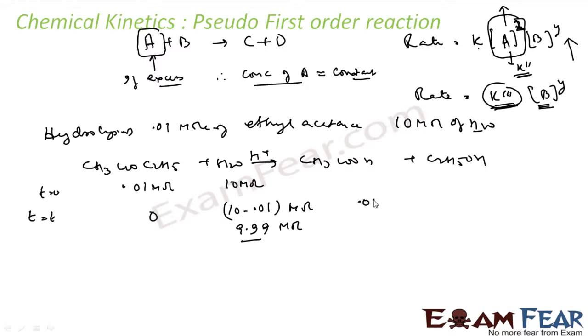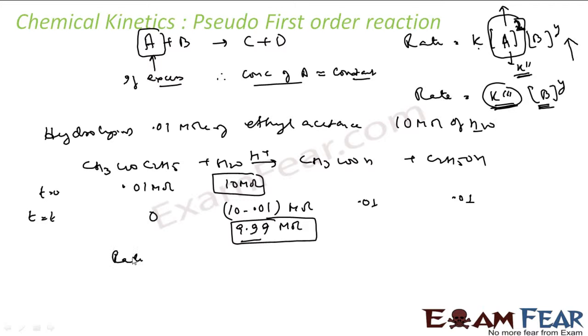And this becomes 0.01 mole again. But the concentration of water was 10 mole and here it is 9.99 mole. Very little change. It's almost the same, so the concentration of water has not changed that much.